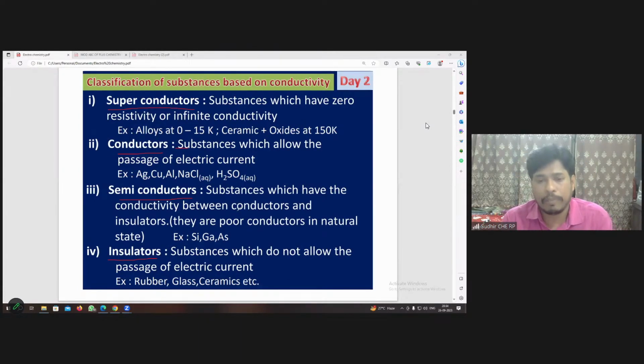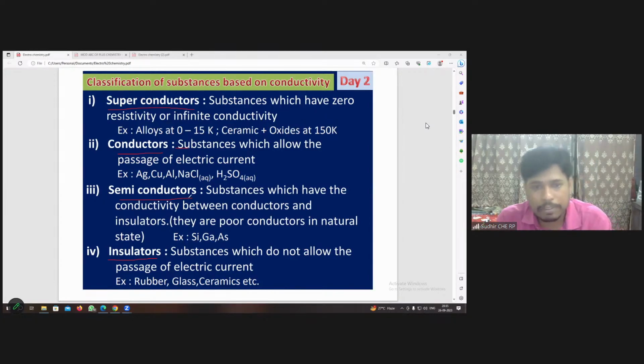Before discussing the types of conductors, meaning metallic and electrolytic conductors, you need to understand how many types of substances we can observe in nature based on conduction property. Superconductors, conductors, semiconductors, and insulators are the 4 different categories.